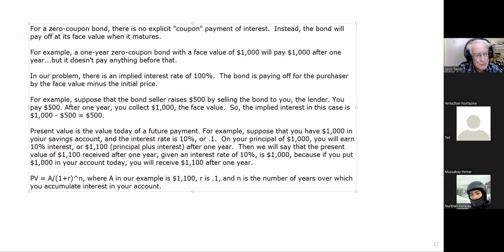In our example, n is equal to 1. So we have a present value of 1,100 divided by 1.1, or a present value of $1,000 overall.